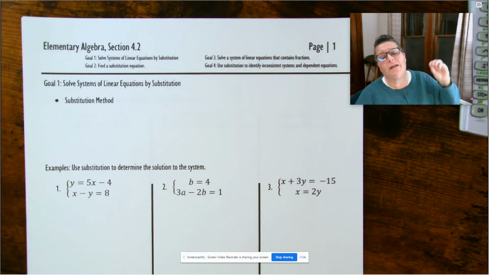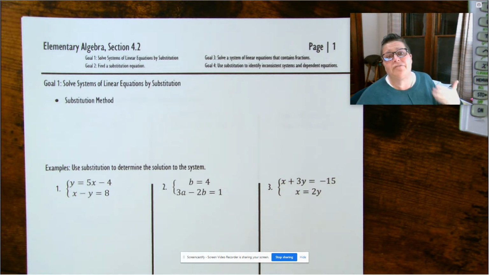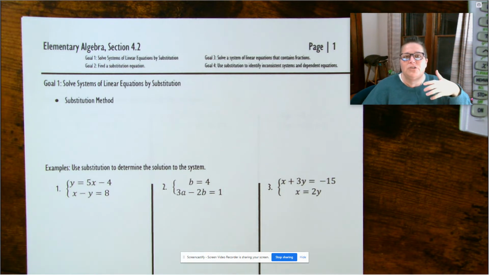Alrighty, so in section 4.1, we graphed lines. We graphed a lot of lines, and we found solutions to systems of equations by graphing those lines. The point of intersection between 2 lines represents the solution to that pair of equations.